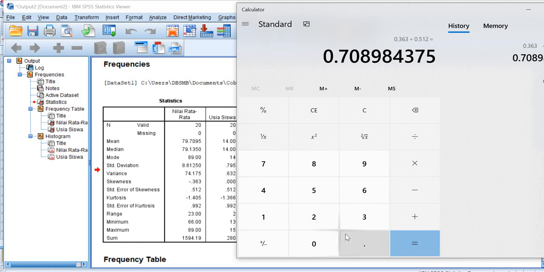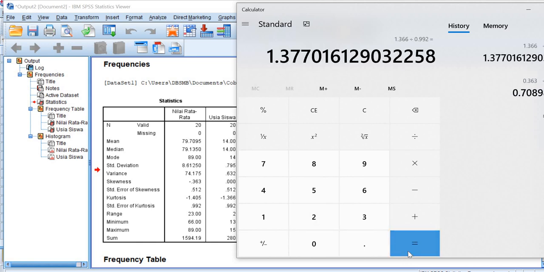Using the kurtosis, minus 1.366 divided by minus 0.992 is 1.37 something, and it's still less than 2, so it means that the data is distributed normally.